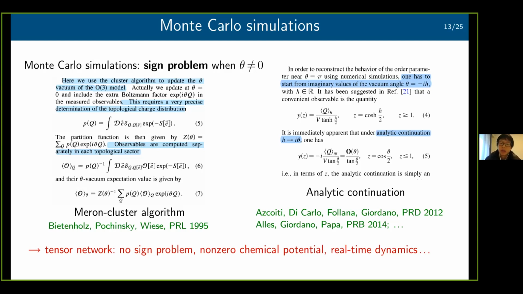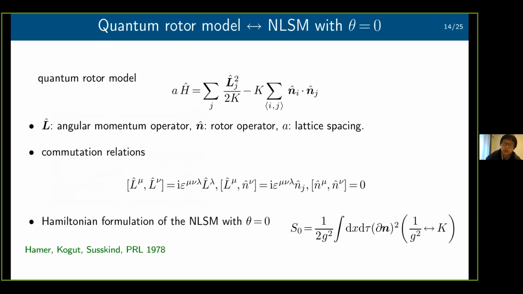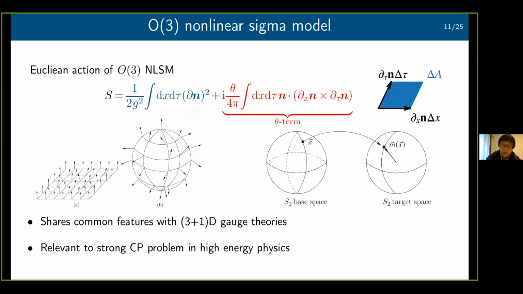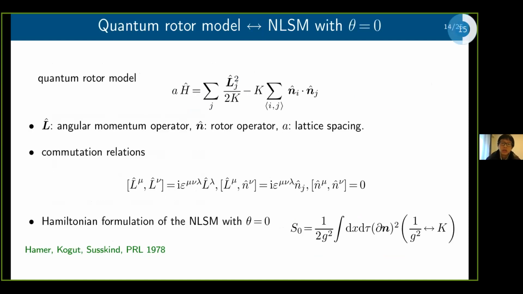So in our calculation, we will work in the Hamiltonian formalism. Basically, we interpret the x dimension as the spatial direction of a quantum system, and the tau direction as the imaginary time direction. It is well known that the nonlinear sigma model with no theta term corresponds to the quantum rotor model.